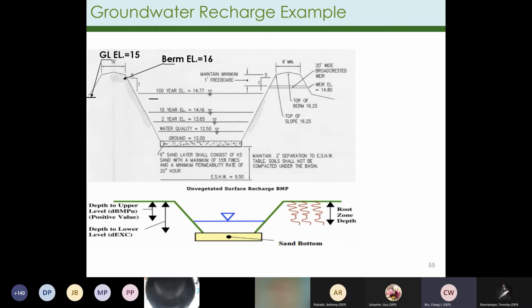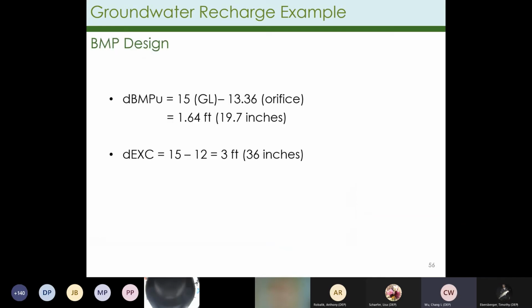You can see that the ground level is not the elevation of the berm, it's the elevation surrounding the basin, so it's 15 feet. So you have 15 feet to the water level of 13.36. So you have 1.64 feet.